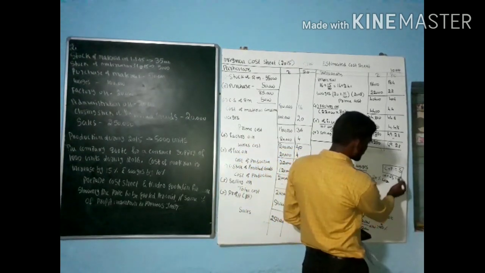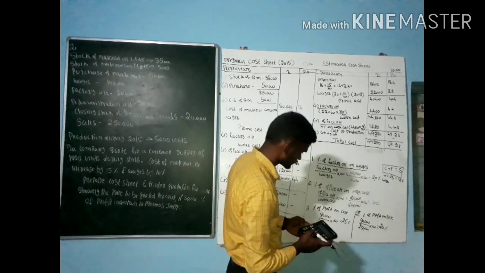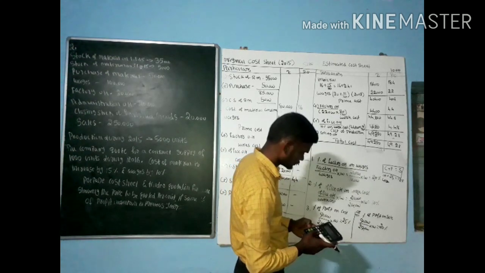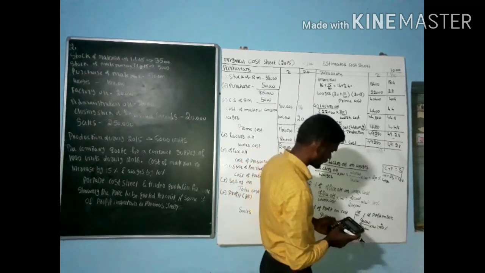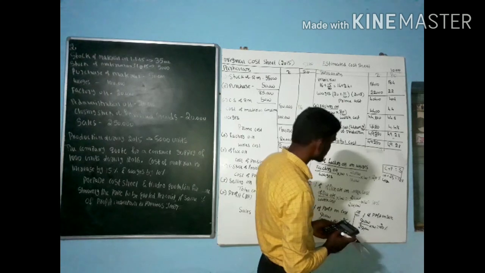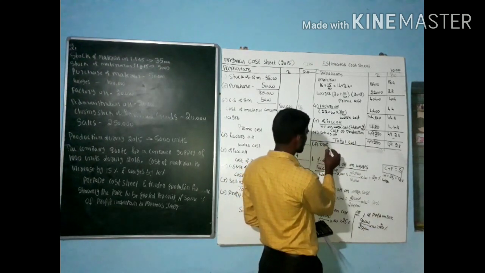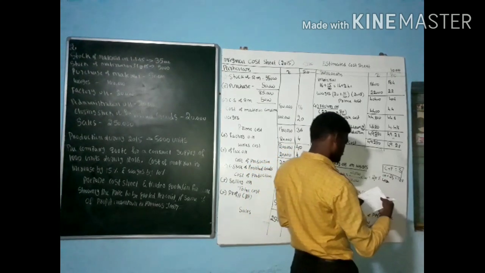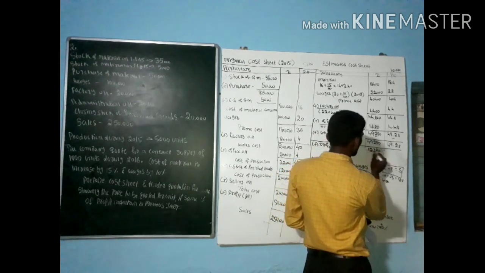Check for the second one. That is 125 is for sales. 49,280 into 25%, that is 12,320. It is your profit amount. Profit and cost, that is 12,320.